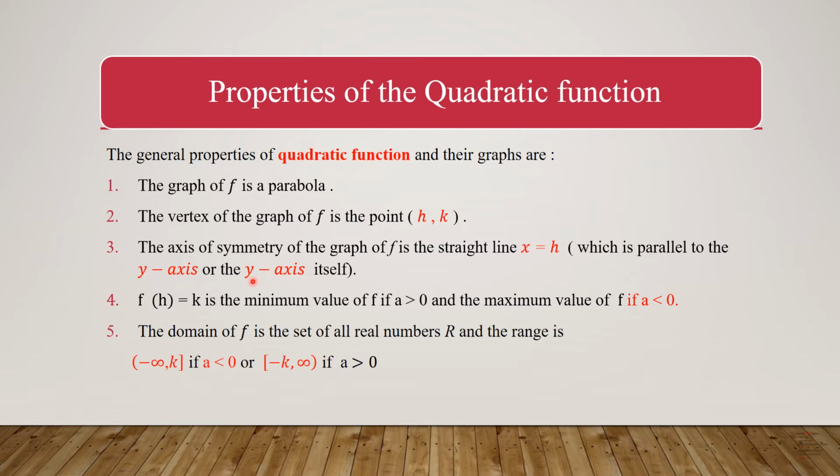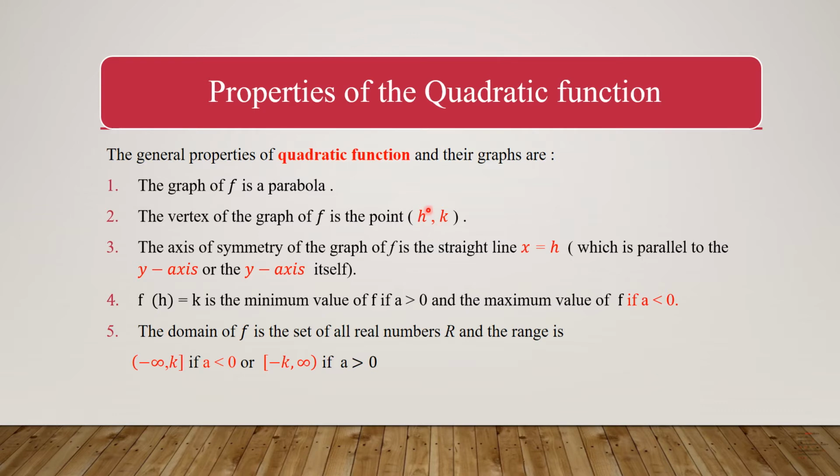Because it is parallel to the y-axis, this is why we call it the axis of symmetry. As I told you earlier, it will be more clear to us from the graph of the parabola.